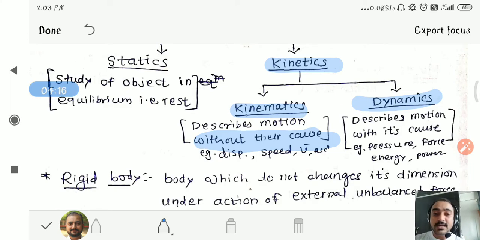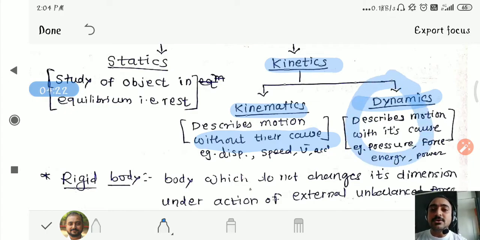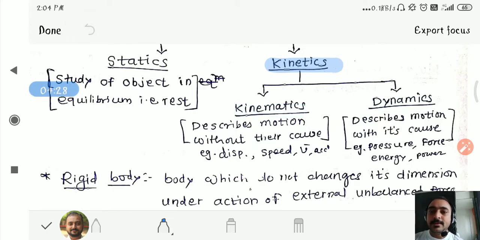Which force is acting behind it? What is the reason? All these things are studied under this branch called dynamics. So friends, this is the introduction related to dynamics.